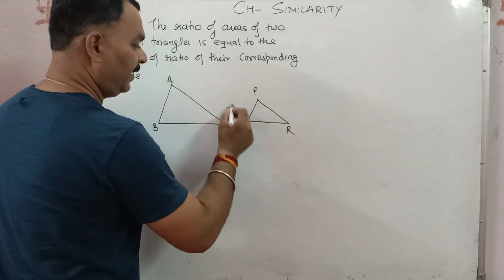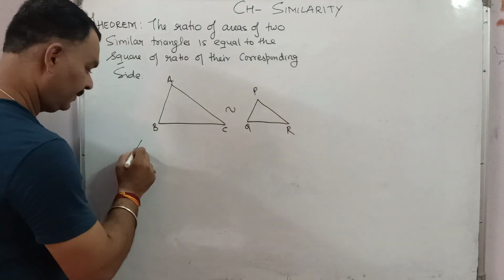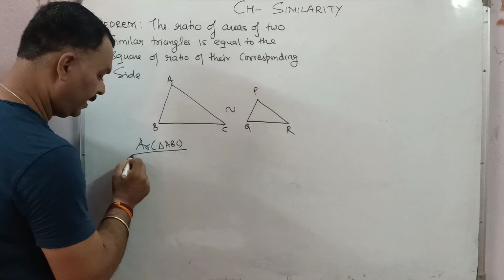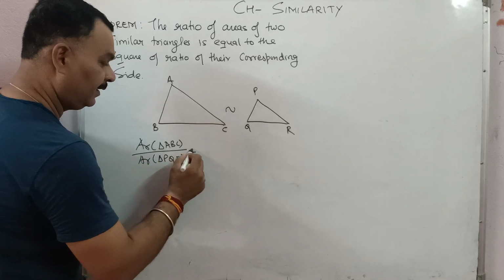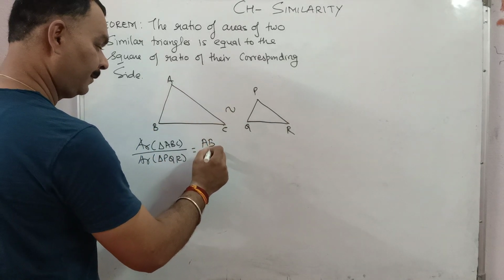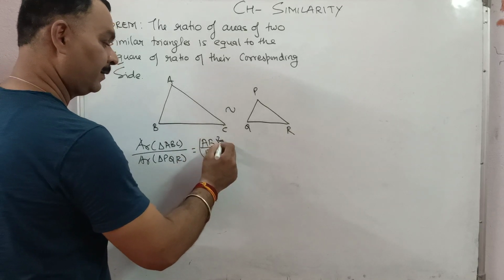Now, if it is said that triangle ABC is similar to triangle PQR, then area of triangle ABC to the area of triangle PQR is equal to, say, AB upon PQ, this is the ratio of their corresponding side, the square of it.